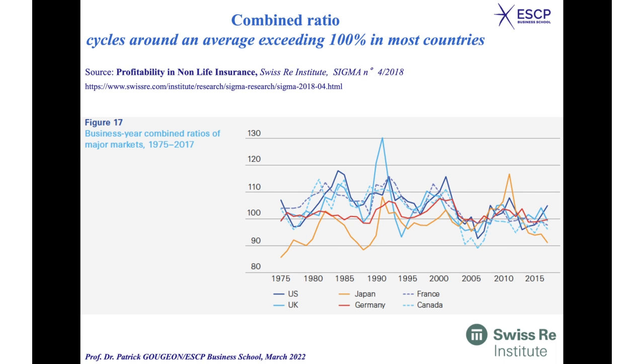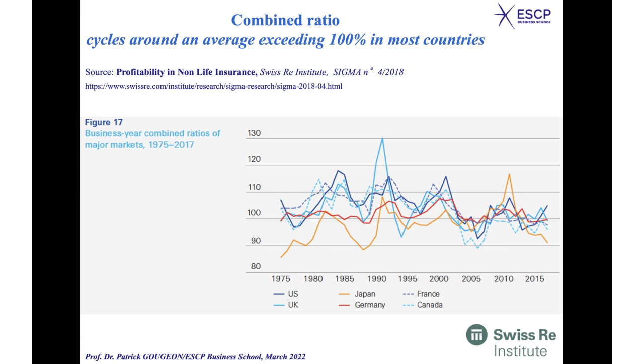Another reason is that you can have an operating loss if the financial income is high enough to compensate for it. What if interest rates are very low? What if the invested assets provide a low return? The lower the return on assets, indeed, the less you have to give back to policyholders.